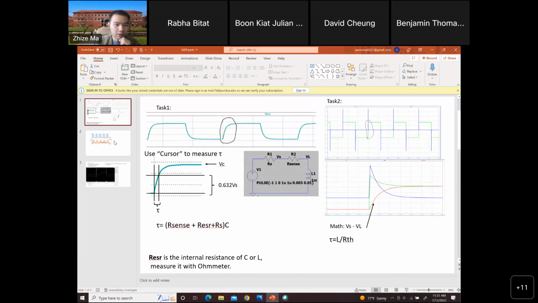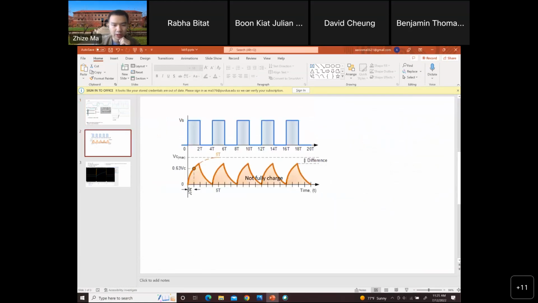But if your frequency is too high, what will happen is something like this. When the capacitor starts charging, it's not going to be fully charged, then Vs turns off and it starts discharging.